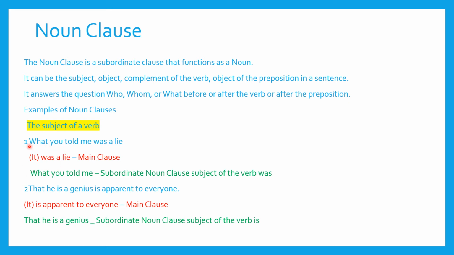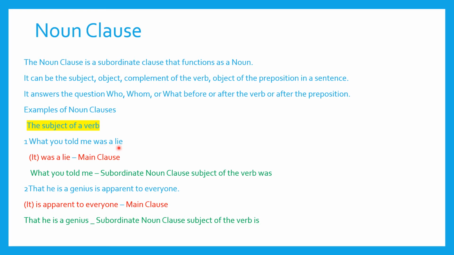Where is the main clause? First, you circle the subordinating conjunction. So here, what is the subordinating conjunction? After that, you underline the verb. The first verb is told. The second verb is was. Where the second verb is, you take the sentence from the second verb.